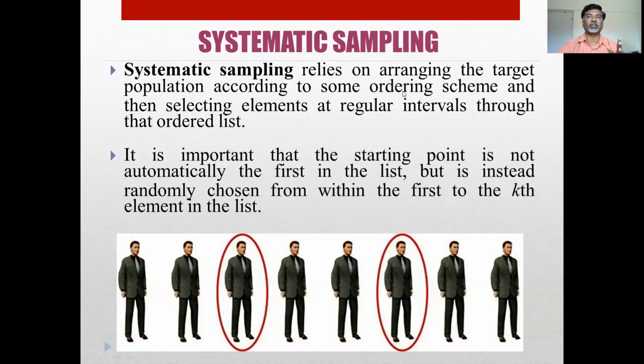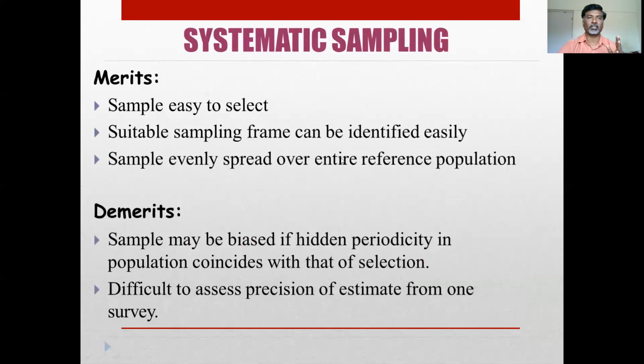So this method has some advantages and disadvantages. What are they? The first advantage is that this method is very easy to use, and a suitable sampling frame can be identified easily in the systematic sampling method. The sample is evenly spread over the entire reference population.